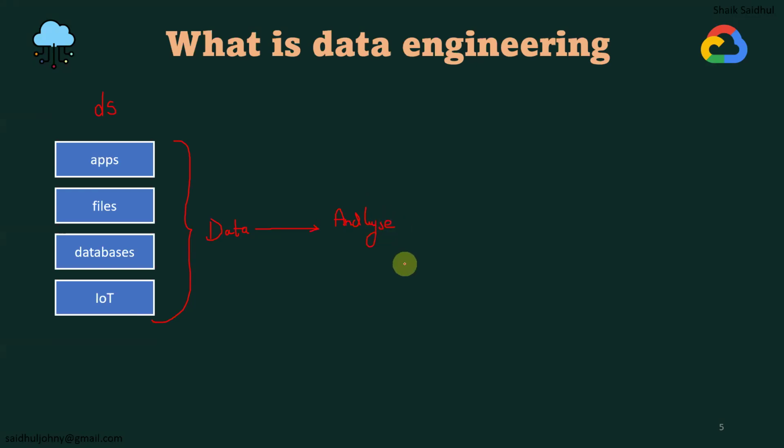The moment you try to analyze or understand the data, analyzing being nothing but understanding the data, it will give you some kind of insights, nothing but information, to improve the business.